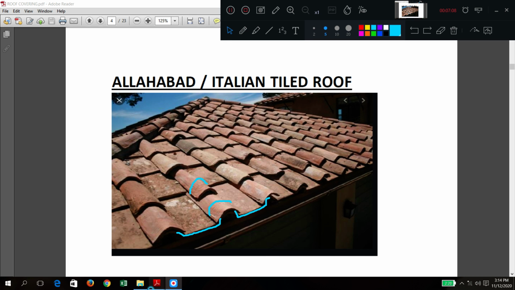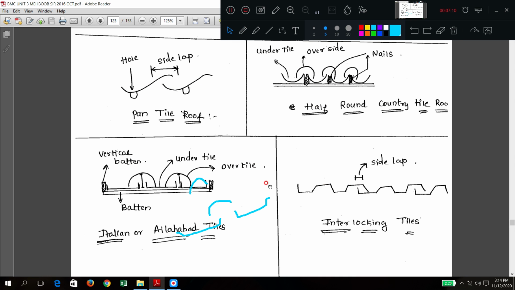Other things, advantages and disadvantages, I have discussed. I wanted to show how the site will actually appear. Now, very important, can you see this one? Interlocking tiles: like this, one is there, another like this will come, and again there will be interlocking like this. This portion and this portion will interlock here.